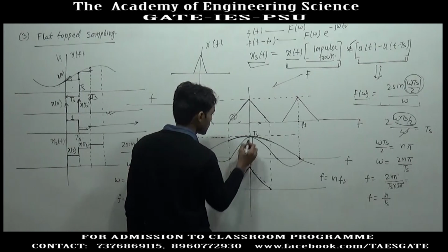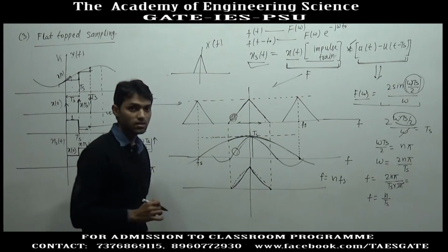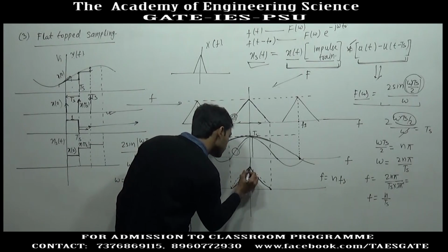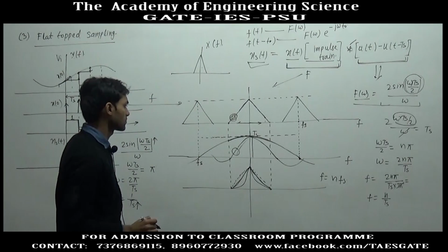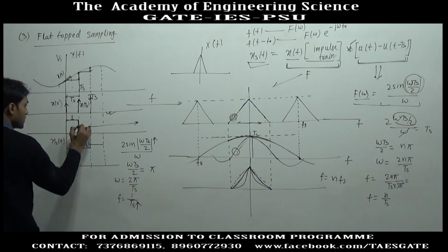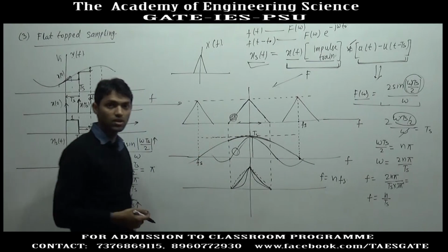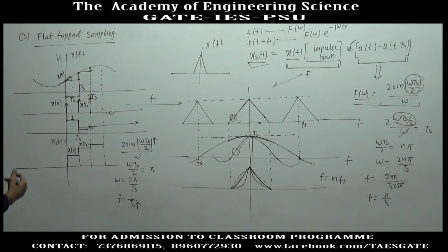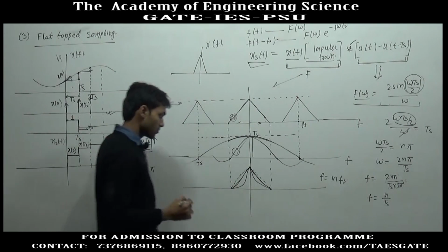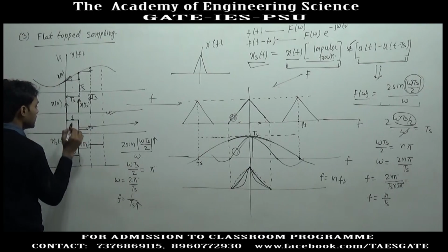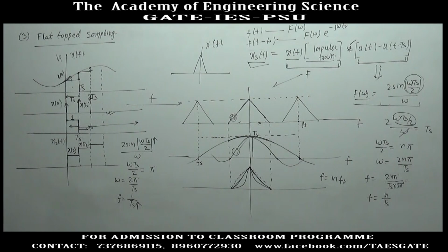In this case, for high frequency, attenuation is even higher. So, if pulse width is increased, we will have more attenuation for high frequency components. So, for minimizing the error, for minimizing the distortion, the pulse width of this signal should be as low as possible.